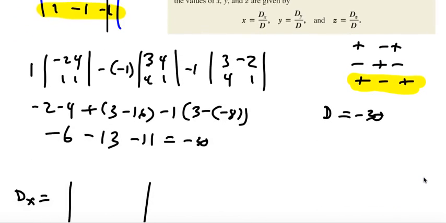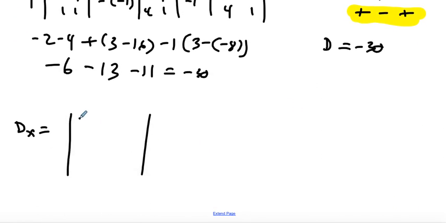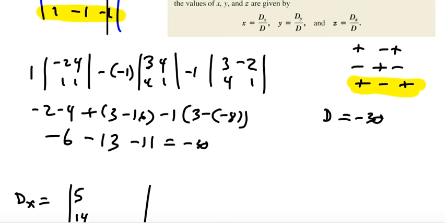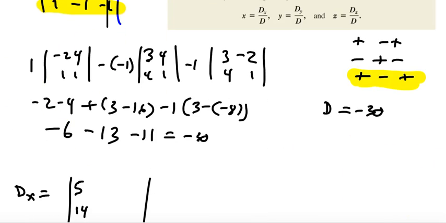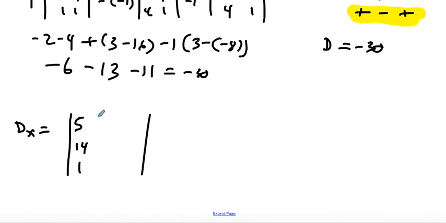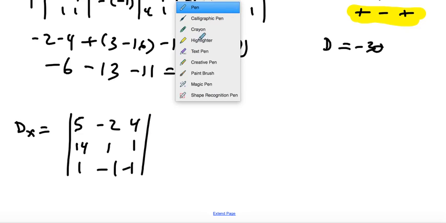The rest of it is still going to remain the same: negative 2, 1, negative 1, 4, 1, negative 1. Let's go ahead and do that.